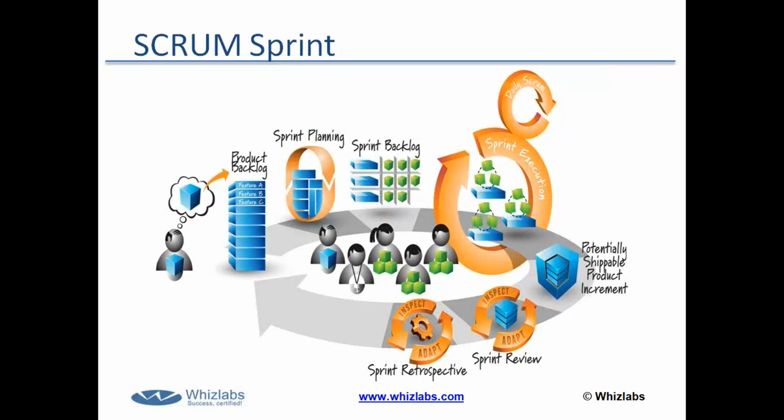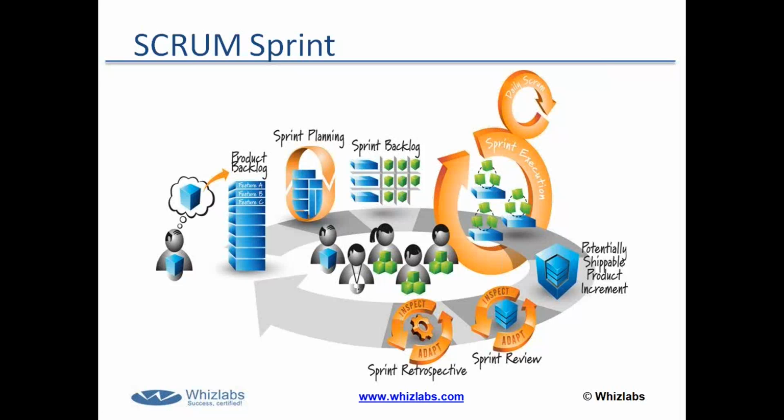In front of you, you'll see the Scrum Flow. On the left-hand side, you'll notice a gentleman with a little cloud above his head. We think of him as the product owner. He is the person who has a vision of the project. He is the voice of the customer, so he brings to the Scrum team, the developers and the Scrum Master, the vision of what the product development should be, or what the final product should be.